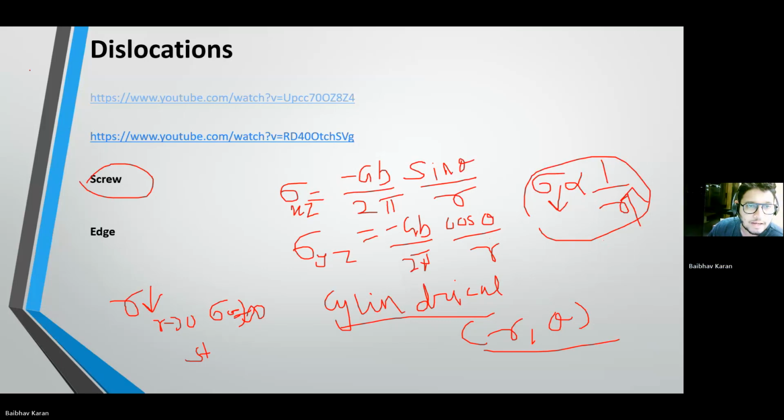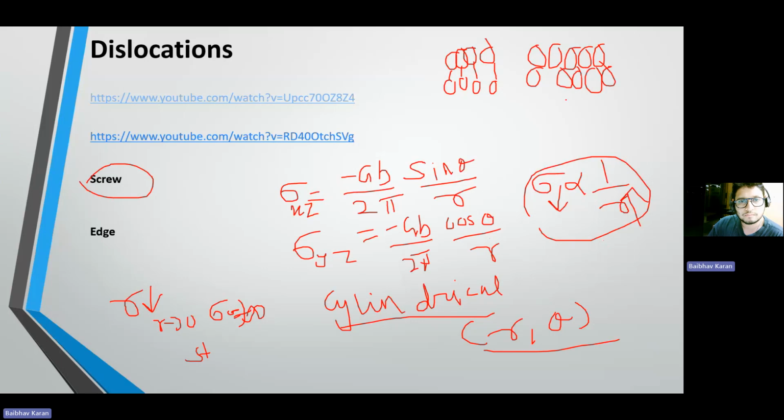That means, as I told you, in case of an edge dislocation, there is an arrangement of atoms. For example, this is the arrangement of atoms. What is happening in edge dislocations? There is a creation of an extra plane of atoms.